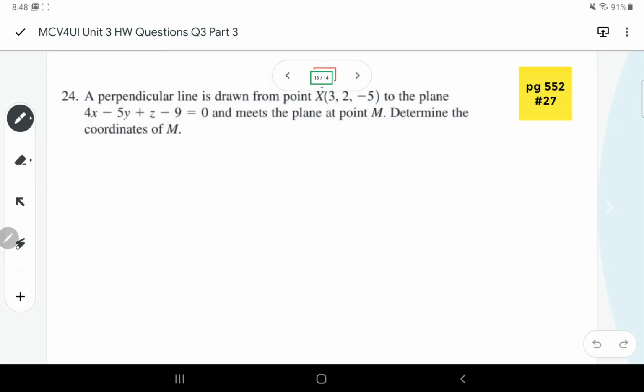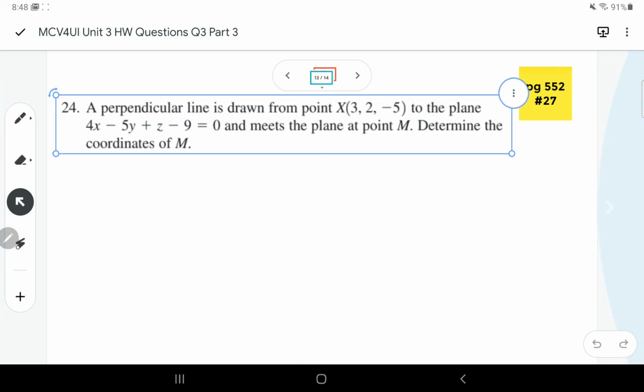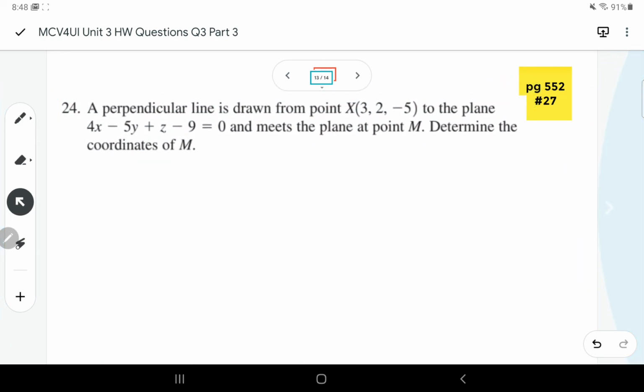And then the last question that I think I have here is a nice conceptual question. The actual math behind it is not too tricky, but it's testing whether you really understand what's going on with the relationships between lines and points and planes.